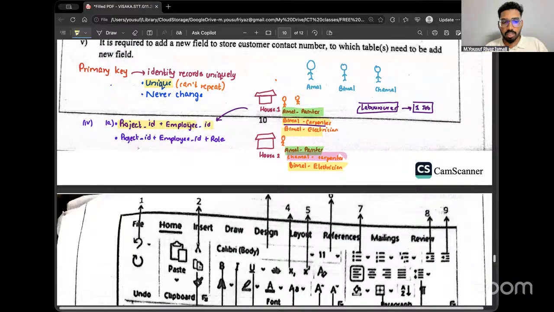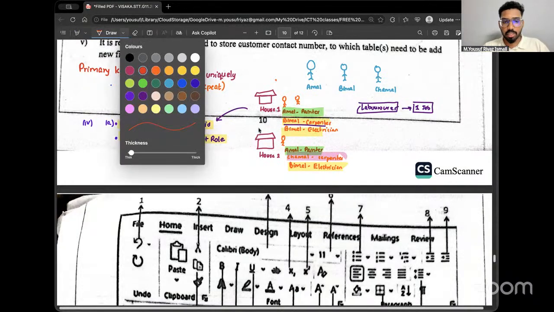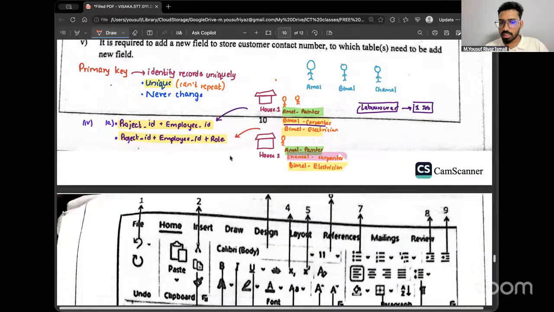Apart from that, you'd also mention the role he's working as. So the role is important only if the same person is going to do multiple things in the same house. Does that make sense? Got it, Tyra?